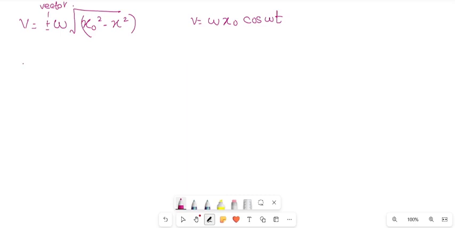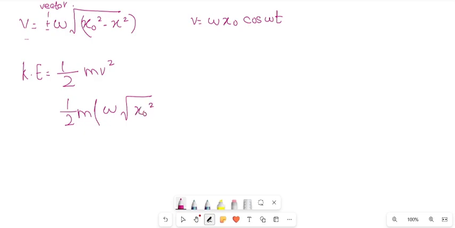So let's start off with kinetic energy. Kinetic energy is 1 by 2 mv square, a formula that we all know. But what do we write in v? We're going to write this one and not this one, because t isn't given here. So I'm just going to replace it: 1 by 2 m, omega root of x naught square minus x square.